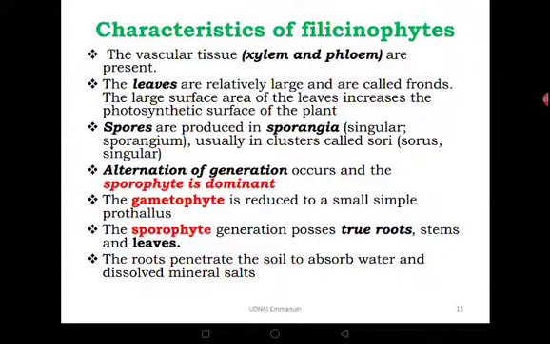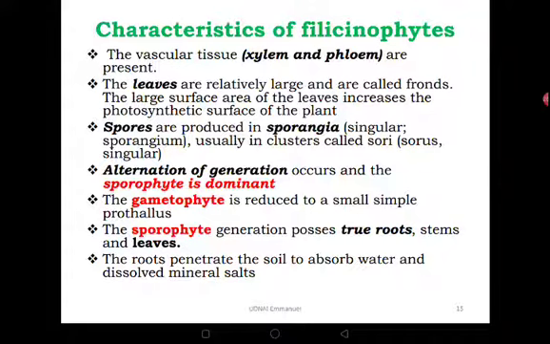Also, alternation of generations occurs, but in this case, the sporophyte is the dominant stage. Remember, in the mosses, the gametophyte was dominant, and the sporophyte was growing on top of the gametophyte. But in the ferns, the sporophyte is the dominant stage, and this applies to most of the higher plants as well. The sporophyte generation is the dominant generation.